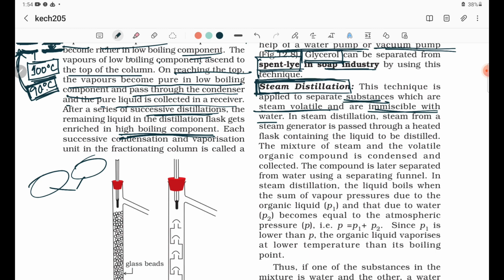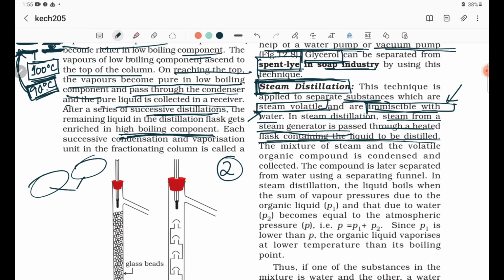So the substances which are steam volatile and immiscible with water, two criteria it should match. One is steam volatile, another is immiscible with water. So in steam distillation, steam from a steam generator is passed through a heated flask containing the liquid to be distilled.